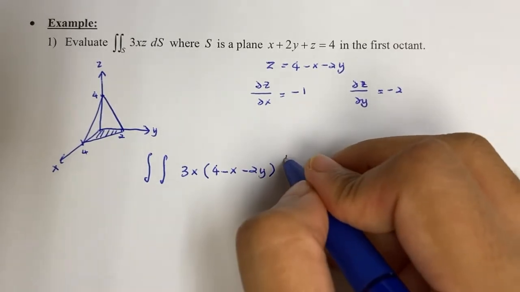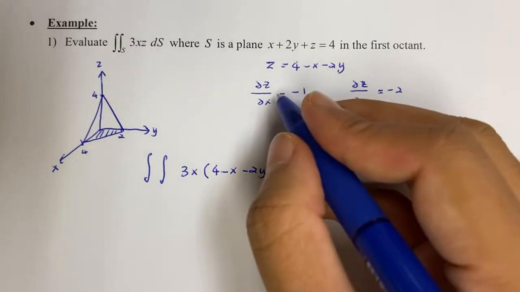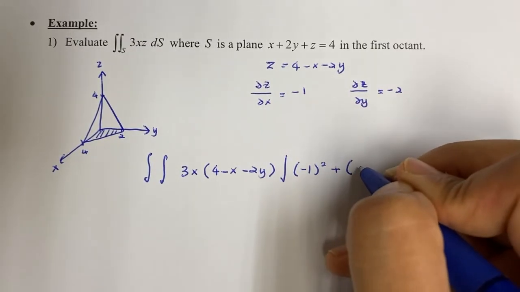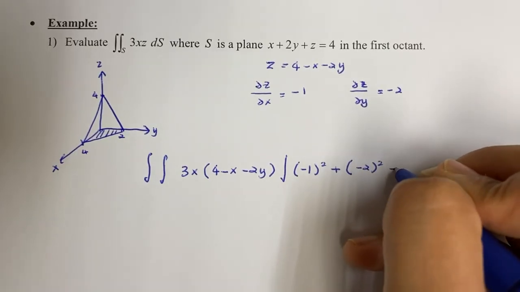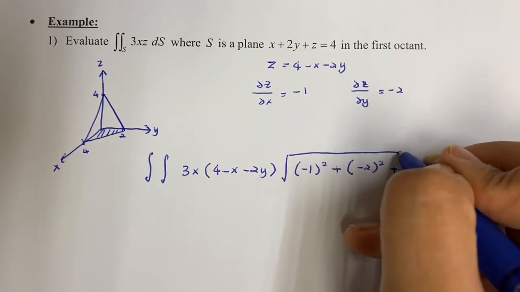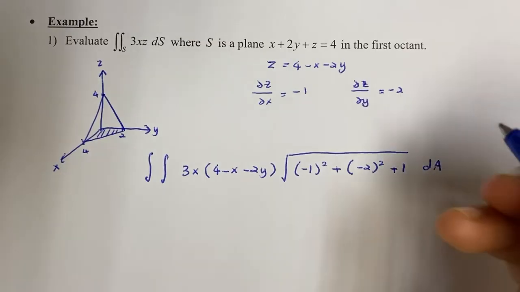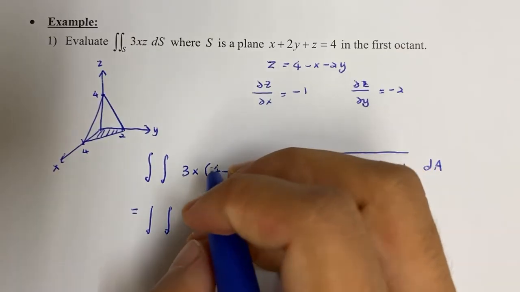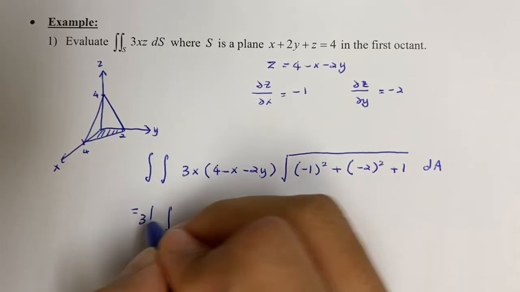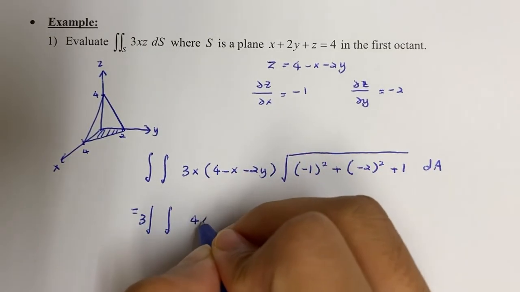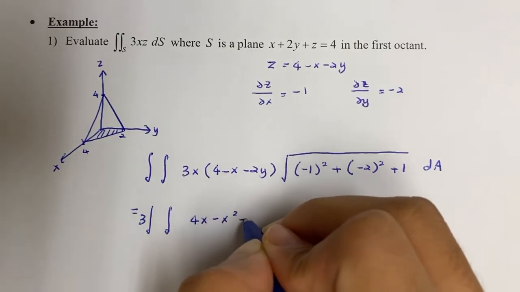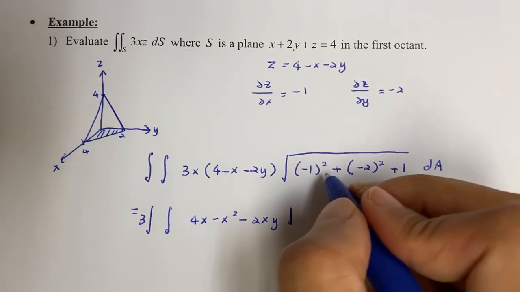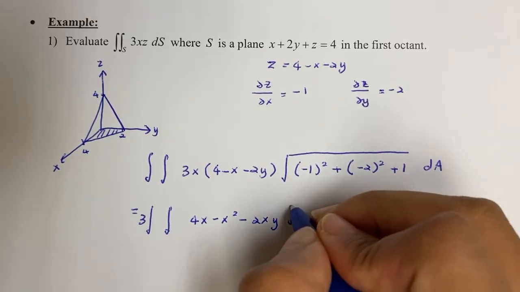Then you have the square root of del z over del x square plus del z over del y square plus 1, then dA. So this is equal to the double integration of 3 times (4x minus x square minus 2xy), and for this one, 1 plus 4 plus 1 is square root 6.